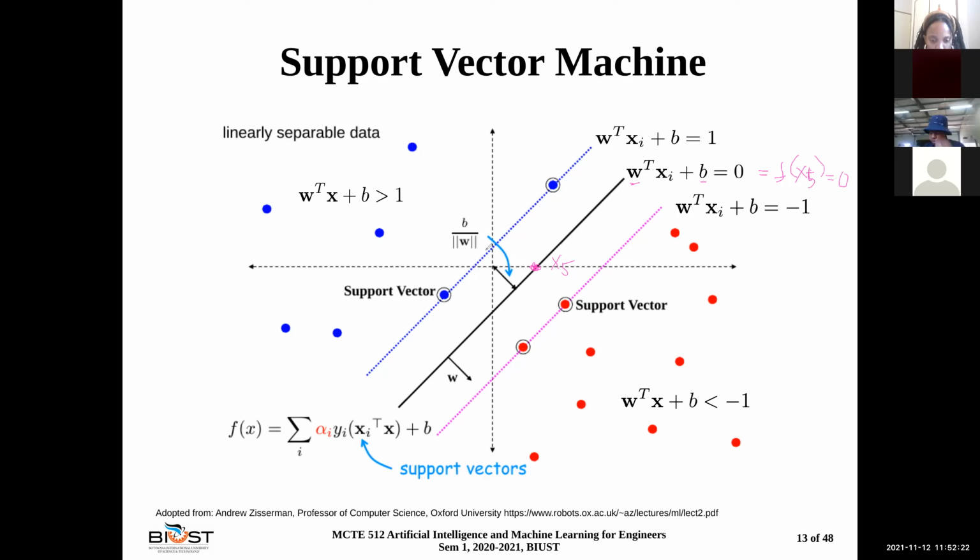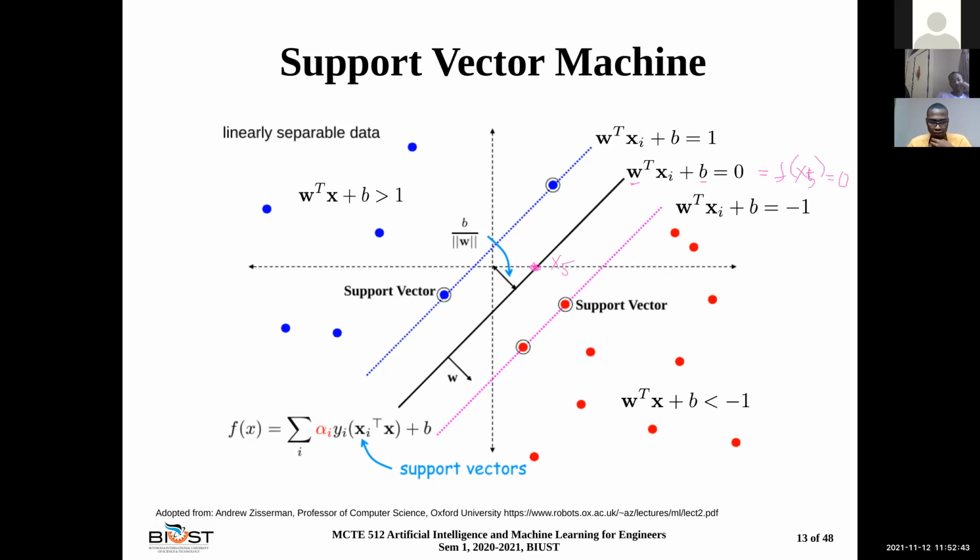This is a support vector for the blue and a support vector for the red. Why is it called a support vector? Are these vectors?